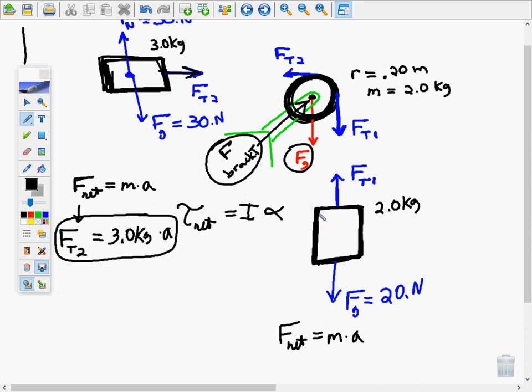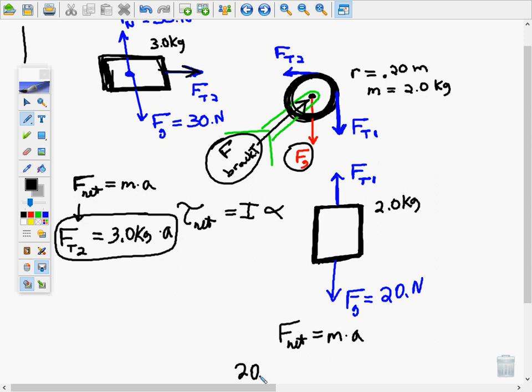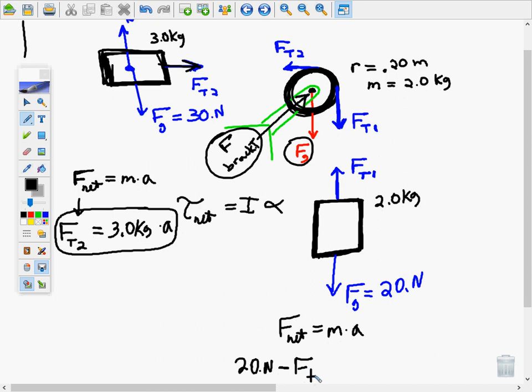So it's going to be 20 newtons minus Ft1 equals how much mass? 2 kilograms. And what about the acceleration? We don't know it. Bravo. That's our second equation.